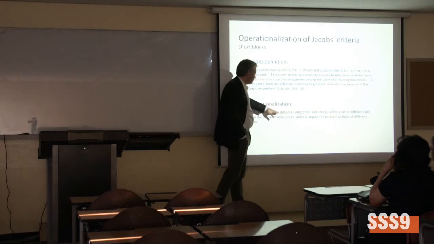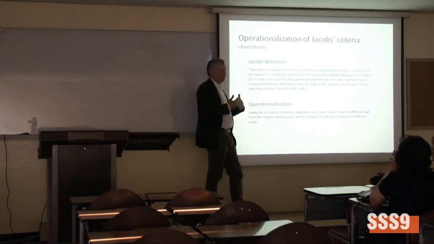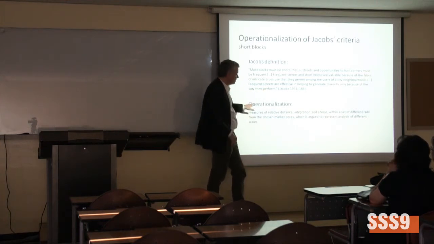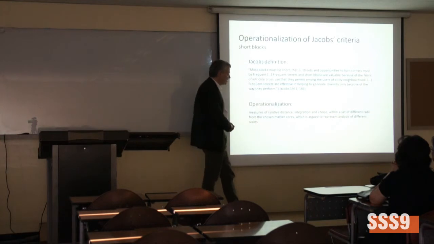And of course it's rather easy to see how short blocks change the configuration and also change the relative difference between the distances to different locations, so it's a rather obvious translation.